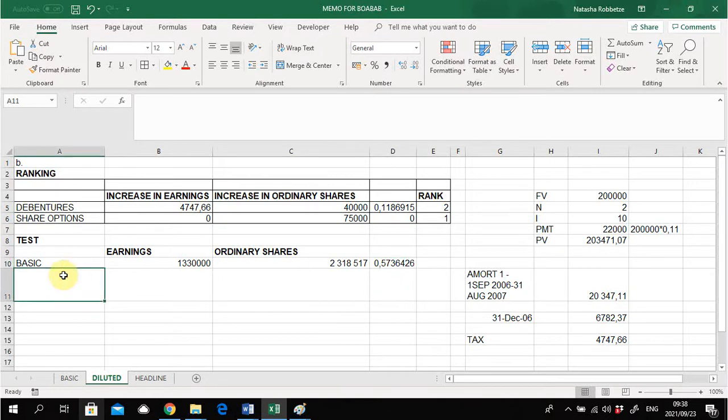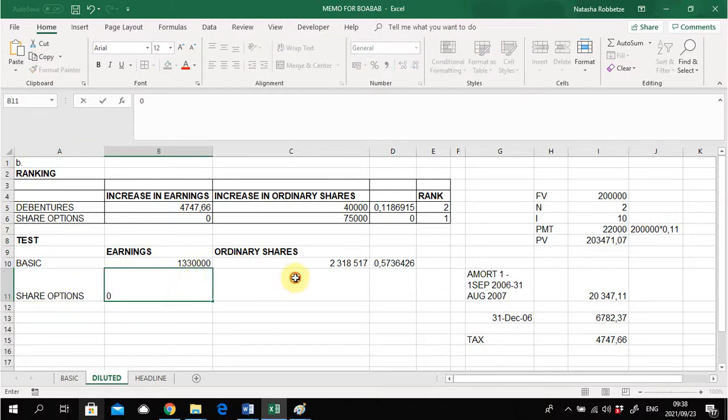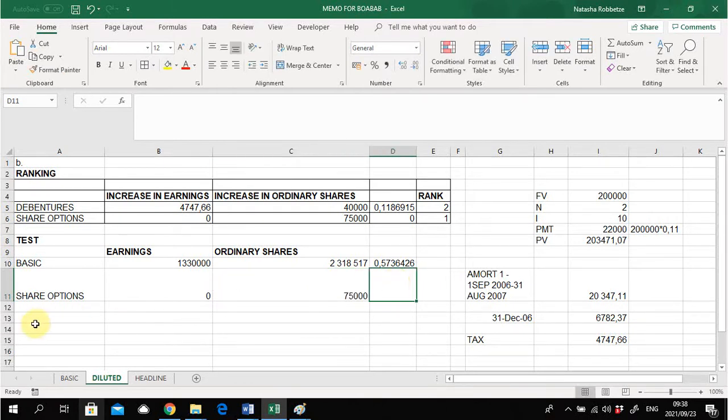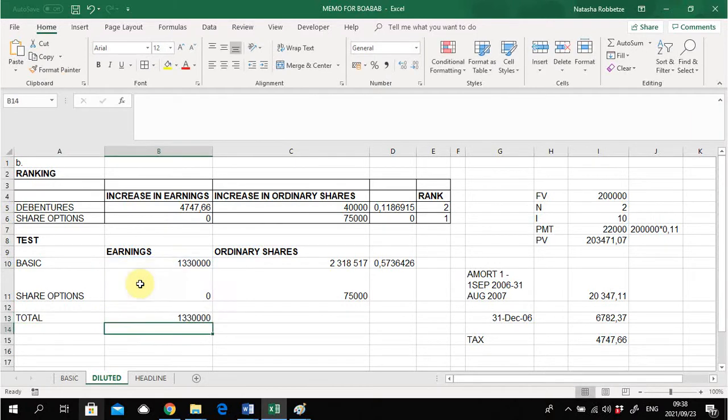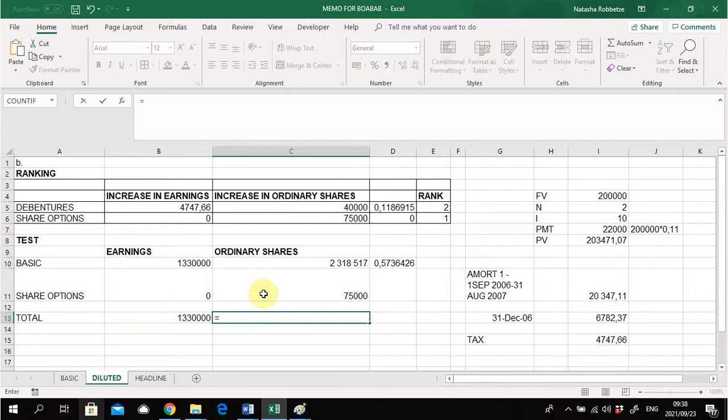Okay, so the first rank that we need to test is the share options. For the share options, the earnings was always 0, and the bonus element was 75,000 shares. So now we're going to get a rollover total, which is the earnings plus the additional earnings, and the weighted average number of shares, adding the bonus element.